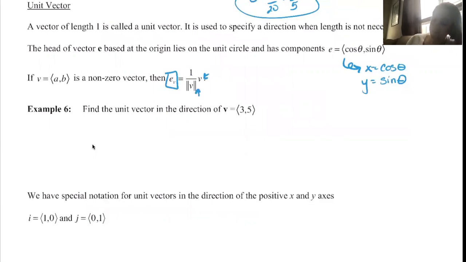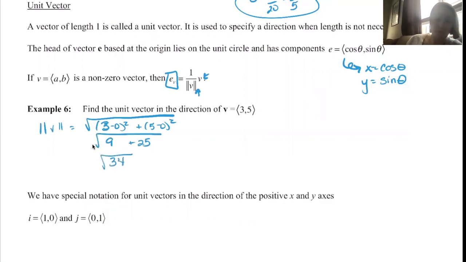So what we're going to do here is find the length of v. It's that distance formula. You could even say 3 minus 0 if it's at the origin. 3 minus 0 squared plus 5 minus 0 squared. So 3 squared is 9, 5 squared is 25. This gives me 34, the square root of 34.